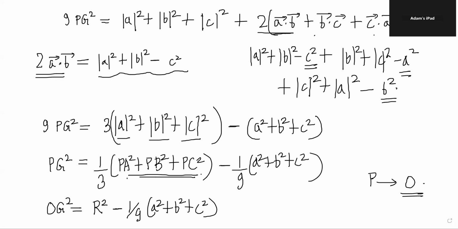This means that R is greater than OG for sure. But the question was saying condition OG less than R must hold for any triangle, right? But we've shown that's always true.